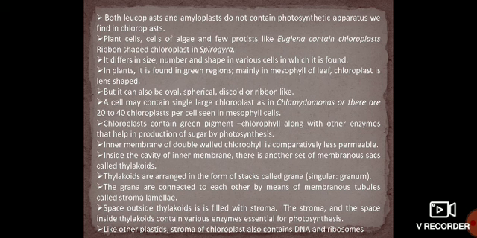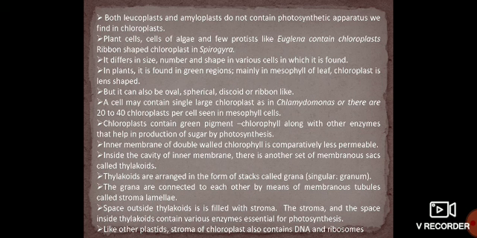So plant cells, algae, and a few protists like euglena contain chloroplast, which is ribbon shaped in some of the green algae like Spirogyra. It may be different in size, and it may differ in number and shape, depending upon the cell in which it is found.